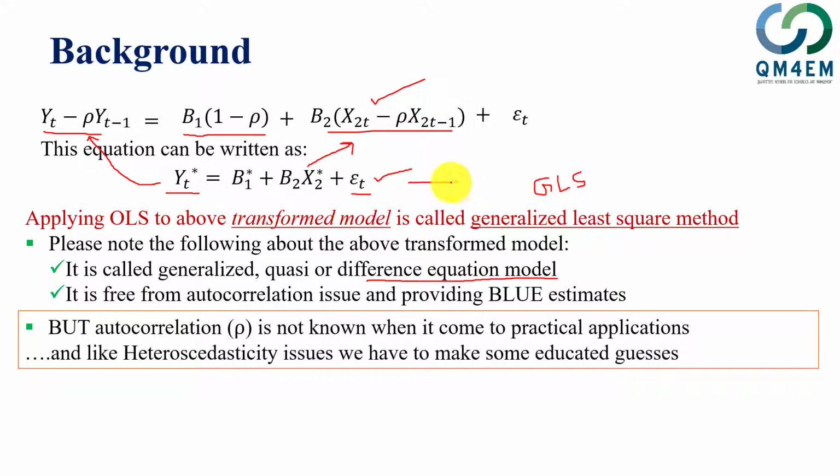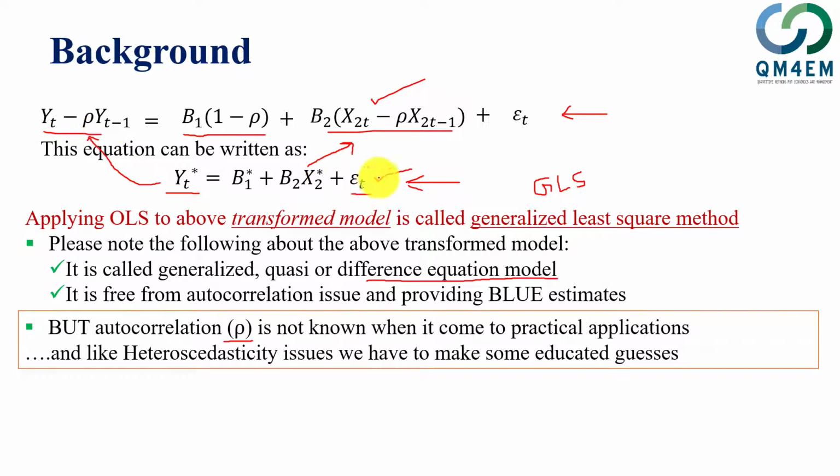The problem with this model, both forms of which are the same model, is that we don't know the value of rho. Yes, this whole transformation is based on a simple logic: you took the rho value, multiplied it with the lag model, and subtracted this transformed model from the original model.